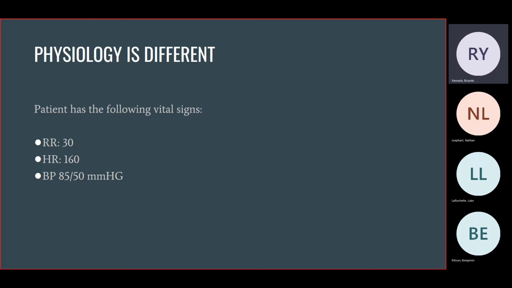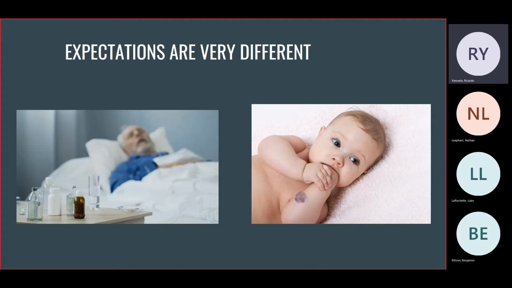You need to call the code team because the patient is going to go downhill. If it's a 6-month-old kid, this is totally normal. So you need to be aware of those differences so you know how to deal with those situations. In a 6-month-old kid, those vitals are pretty much normal.